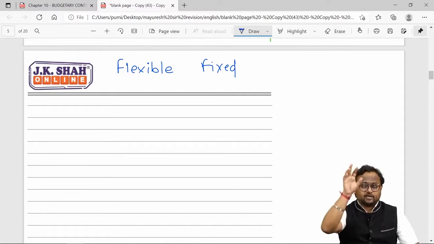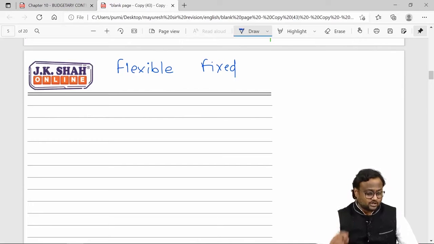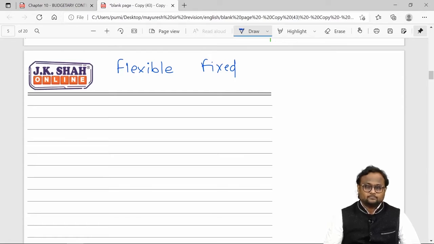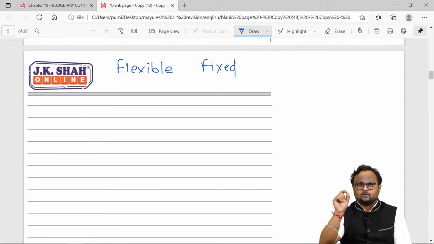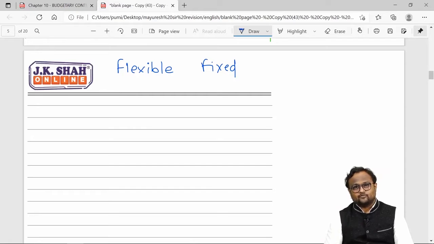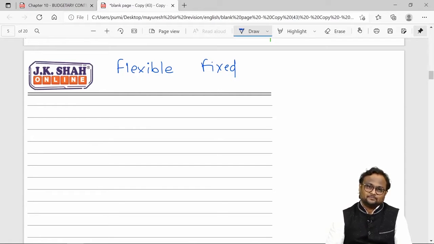I'll find out total cost at each level, then write down sales at each level, and find out profit at 80,000, 90,000, and 1 lakh. That will help me decide whether I should go for this product or not, and at which level. Probably 90,000 will give me the maximum profit, you never know.